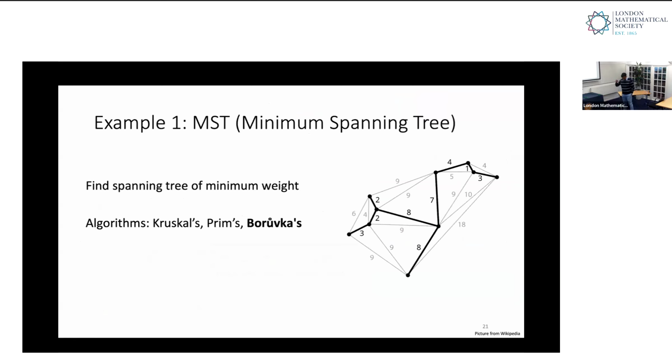Okay, let me give you an easy example now. Minimum spanning tree. This is one of the most fundamental problems in graph theory, right? You want to come up with a spanning tree, and amongst all the spanning trees, the one with minimum cost, the minimum weight spanning tree. And we know of many algorithms to do this. We know Kruskal's, Prim's, and there is also Borůvka's algorithm.